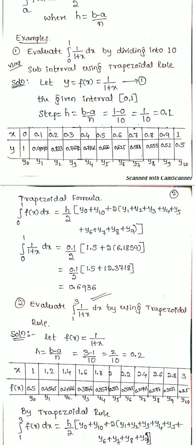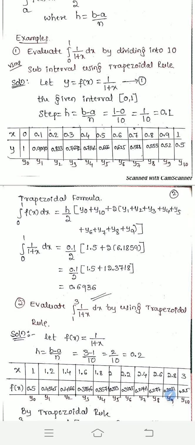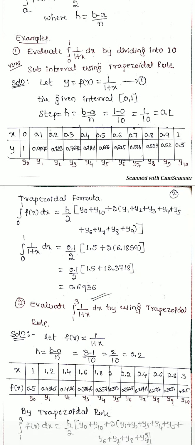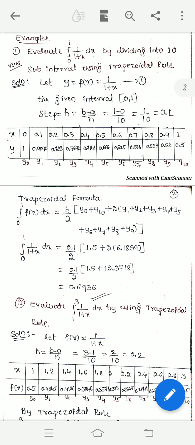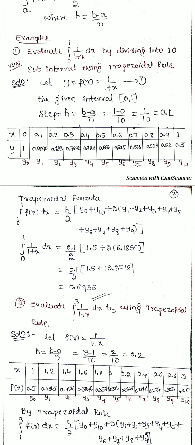The x values are 0, 0.1, 0.2, 0.3, 0.4, 0.5, 0.6, 0.7, 0.8, 0.9 and lastly 1. Corresponding to these x values, the y values are calculated by substituting each x value in equation number 1, and then we get the corresponding y values.